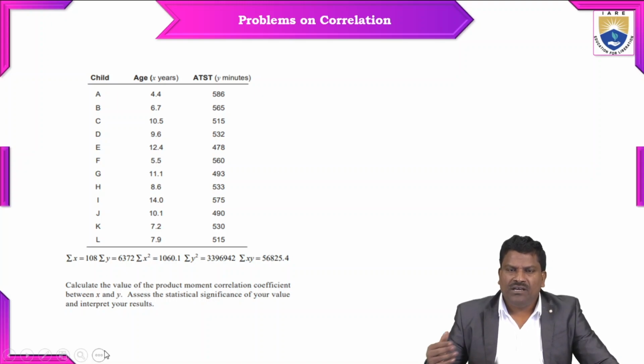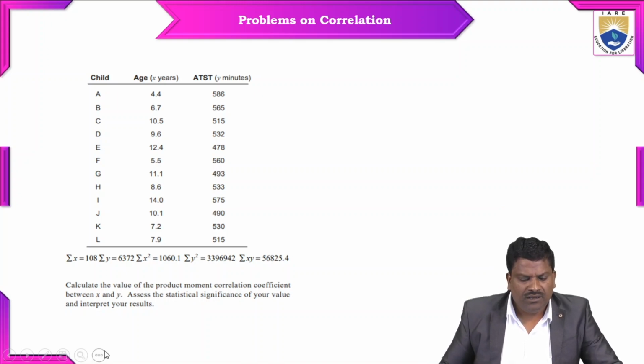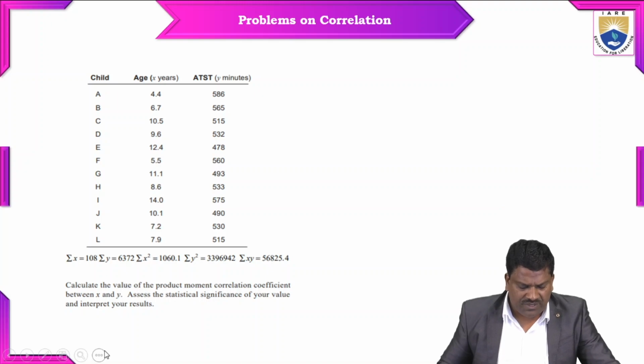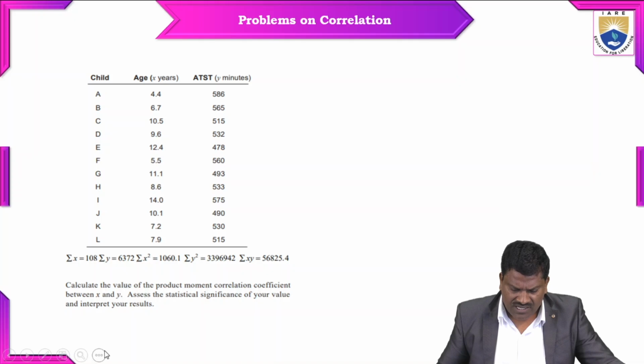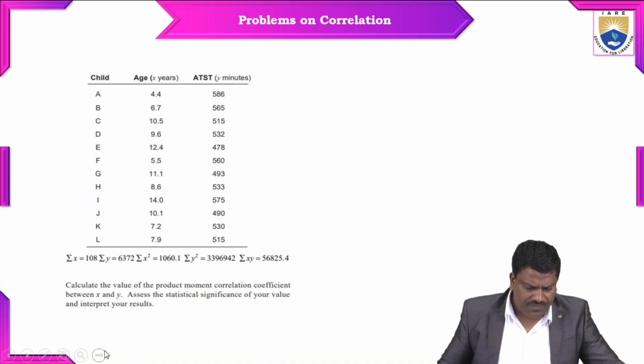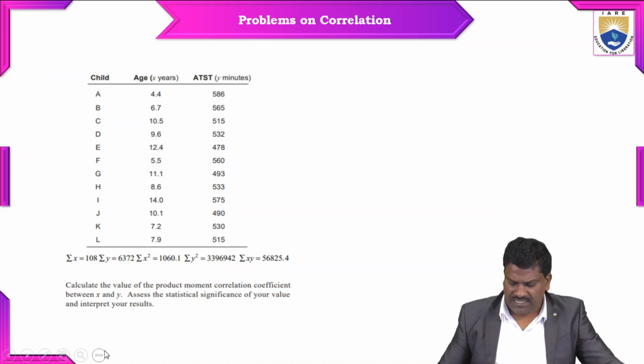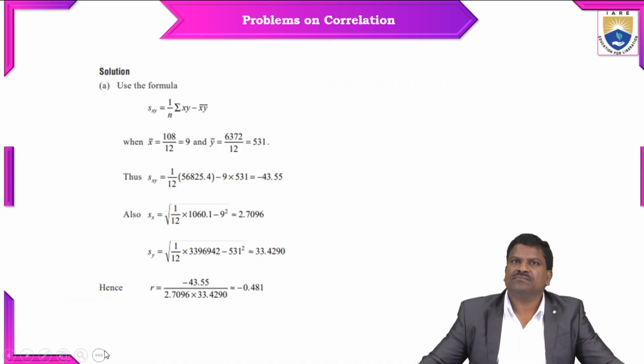So using our correlation coefficient, compare the values between x and y, assess the statistical significance of our value and interpret our results like this.